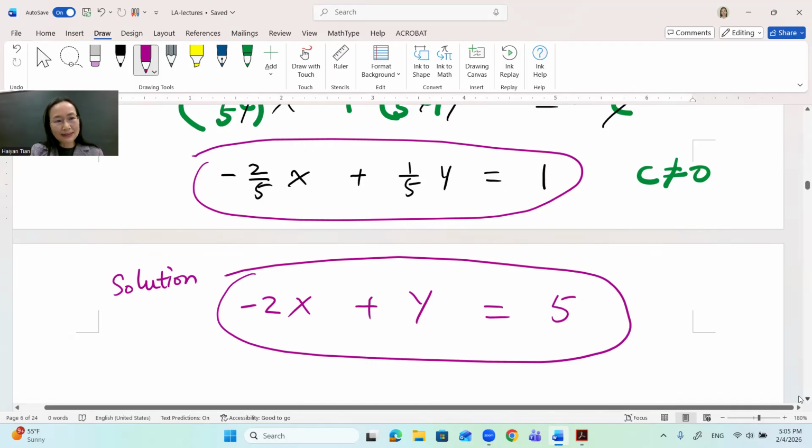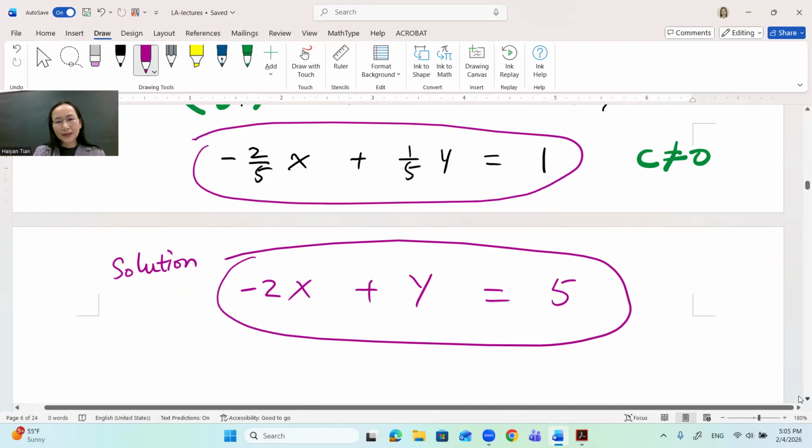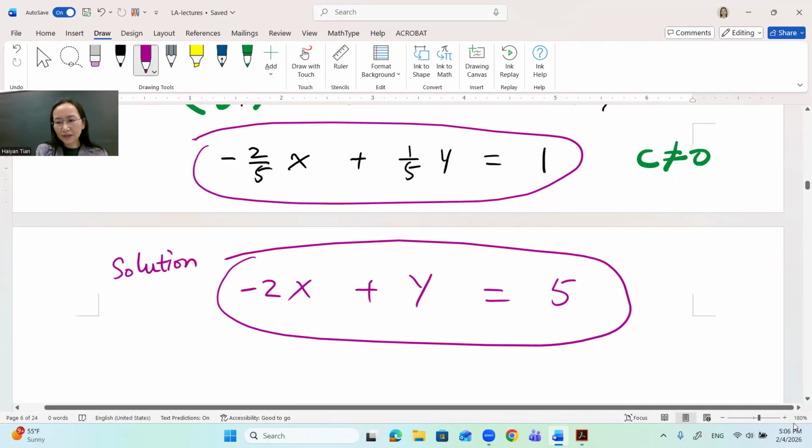So there exists a certain line that will pass through all 3 points in this given set. If you think back, look at the 3 points again.